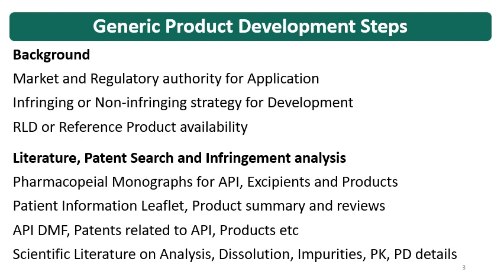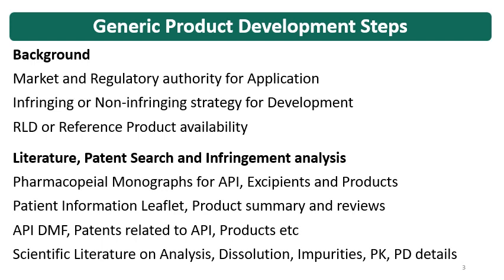Then the API DMF, drug master file, patents related to the API and patents related to the product are required to be studied. Also, scientific literature available on the analysis, dissolution method, impurities, pharmacokinetics, and pharmacodynamics of the API or reference product should be studied in detail.